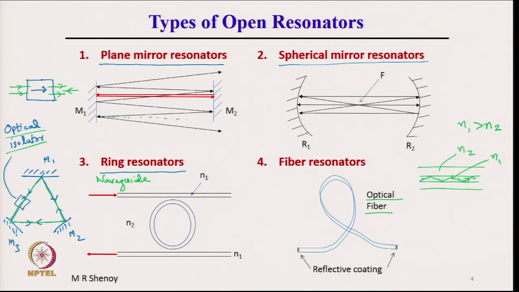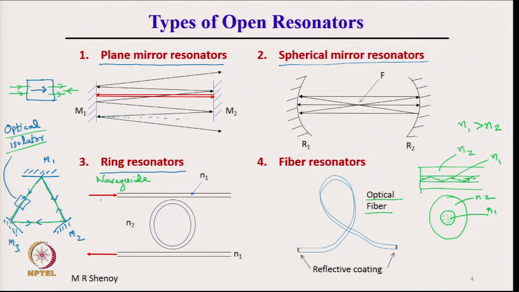It could be of circular geometry, like a cylindrical optical fiber, so this is a fiber. We have already seen erbium doped fiber amplifiers where we discussed this. So, this is refractive index N1, this is refractive index N2. It could also be in a thin film geometry, a planar geometry, as shown here.